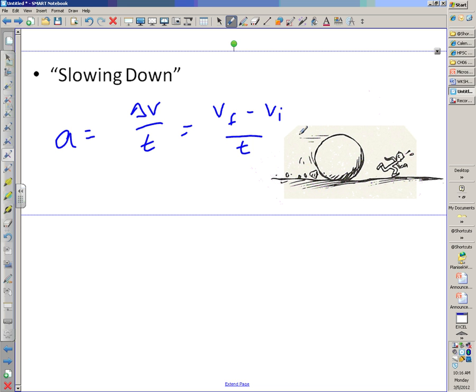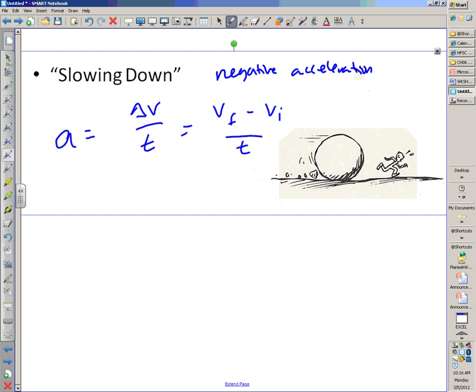If that's the case, what happens to this fraction? If you have a smaller number minus a bigger number, it turns negative, right? So slowing down, a lot of times, we can refer to as negative acceleration. Please don't use deceleration.